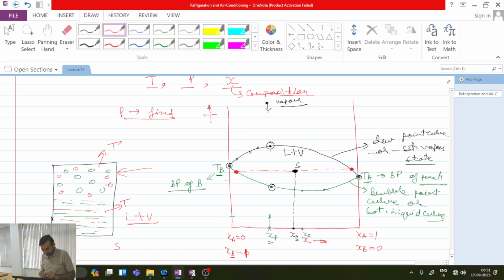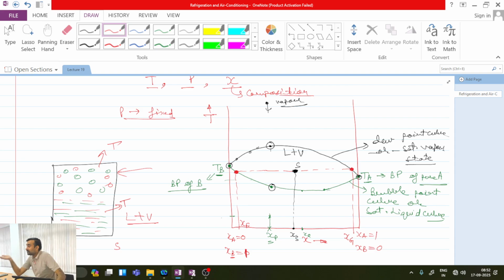It means whatever vapor I am having over here, that vapor is having a mass fraction of Xg, and whatever liquid I am having at the bottom, it is having a mass fraction of Xf. All of you agree to this point or not?